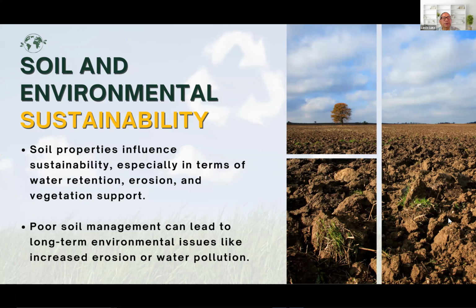So we're going to talk about soil and environmental sustainability. Soil properties influence sustainability, especially in terms of water retention, erosion, and vegetation support. Poor soil management can lead to long-term environmental issues like increased erosion or water pollution. So have you ever noticed that after heavy rain, when you go to streams or the ocean, you see the water is not blue or clear, it's really murky and dirty? That's from erosion, right?